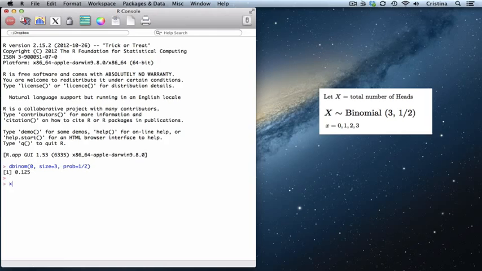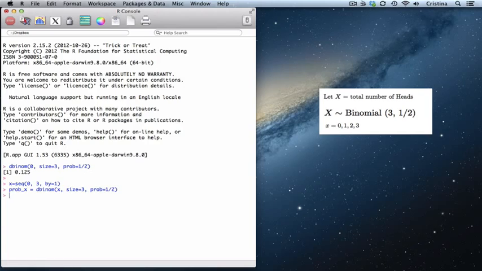To obtain the whole distribution of this binomial random variable, we need every possible value of x and their probabilities. So let x equal a sequence of numbers from 0 to 3, increasing by 1 with the seq command.